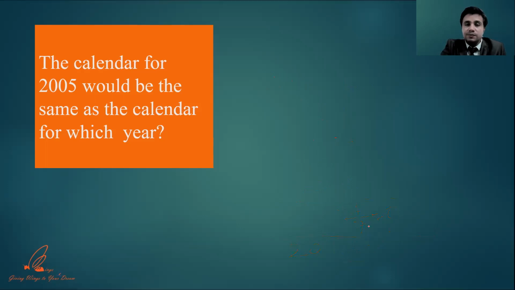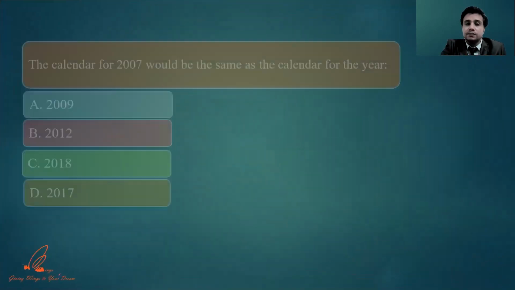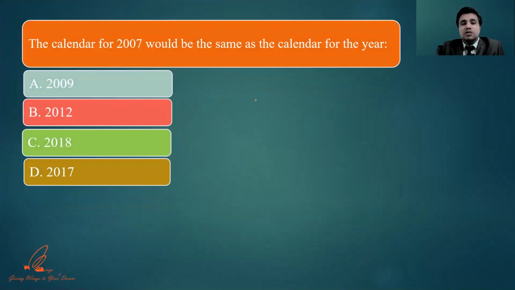Let's move on to the next one. 2007 would be the same as the calendar for which year? Let's see. 2007, 1 odd day, 2008 is 2 odd days, 2009 is 1, 2010 is 1, 2011 is 1, 2012 is 2.